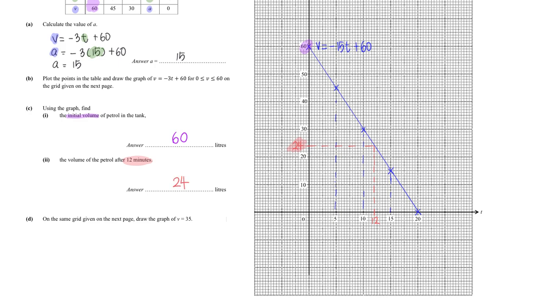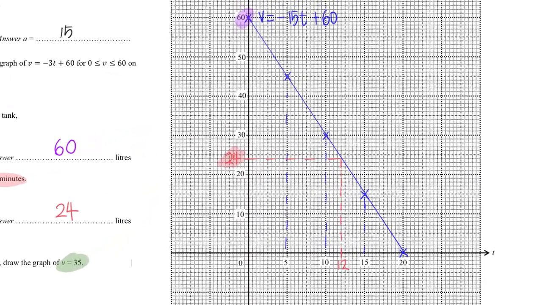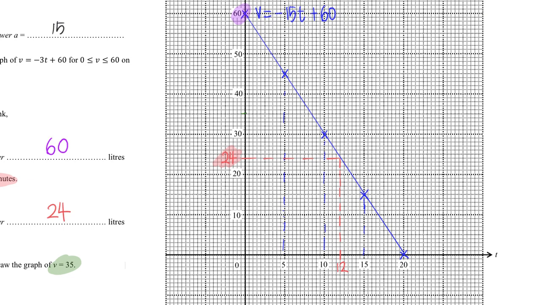liters. And I will now need to draw the graph of V equals 35. I'm going to draw in green. So this happens to be a horizontal line where every point the V will be equal to 35.